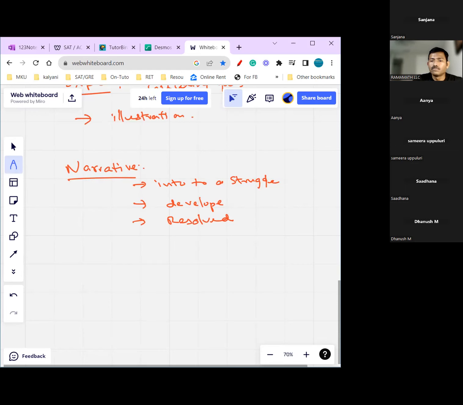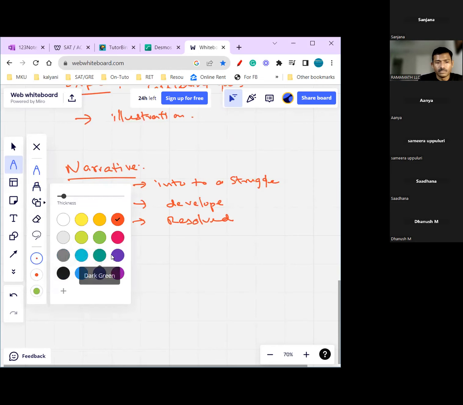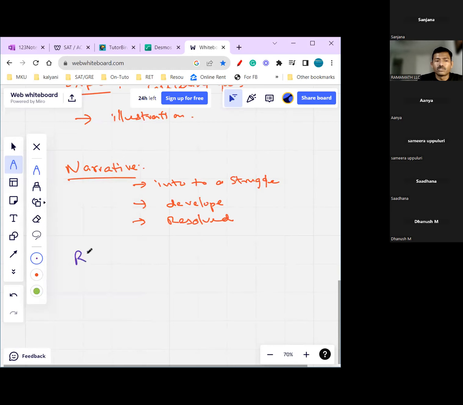And if you see some rhetorical passages, sometimes they can be arguments. Let's see, I'm going to write in a different color. Now, rhetorical passages. So they may have arguments, or there might be rhetorical narratives.